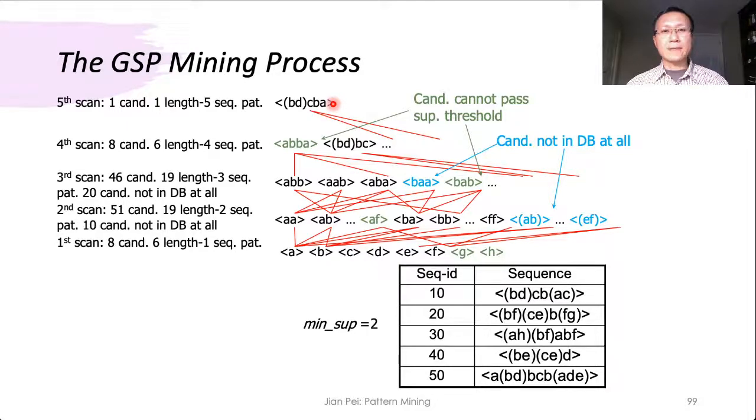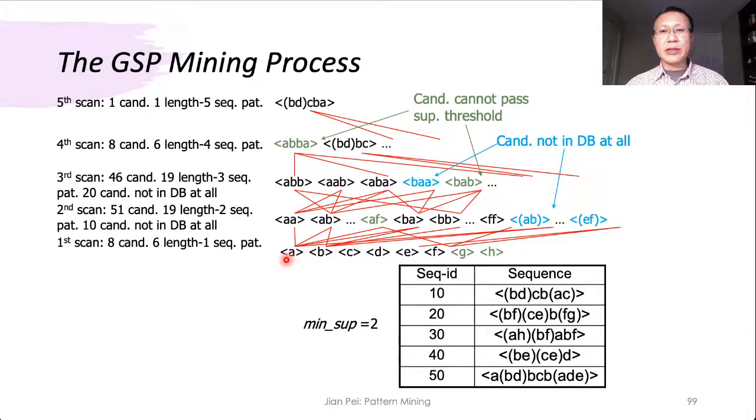You can see here, using Apriori and the monotonicity, we can avoid generating some candidates that are not in the database at all. For example, for this G and H, we do not need to generate any pattern having G and H. At the same time, we may generate some candidates.